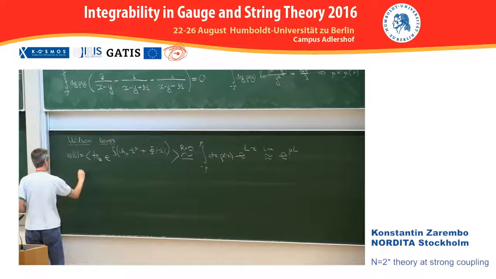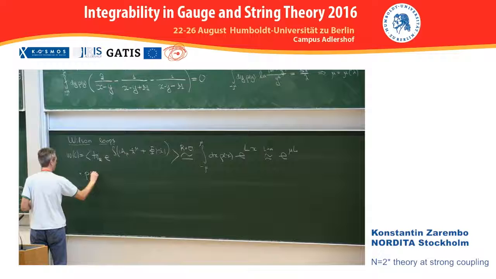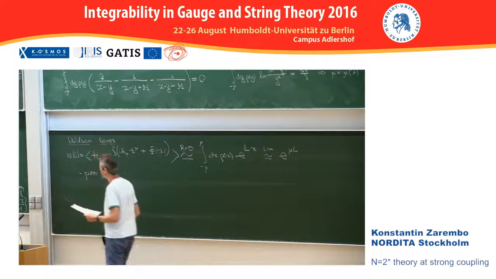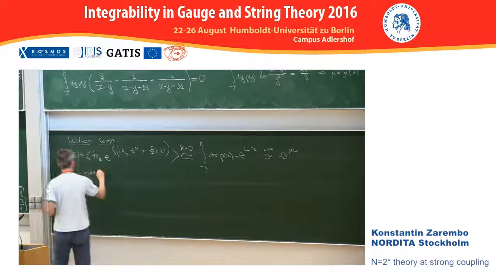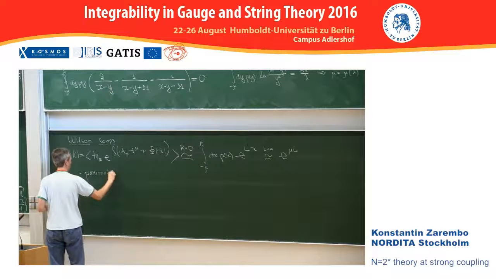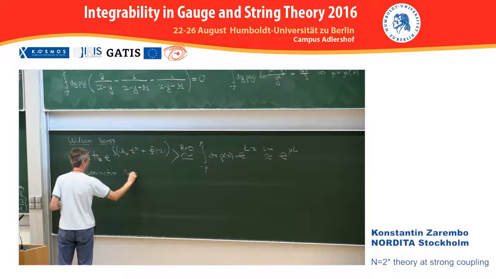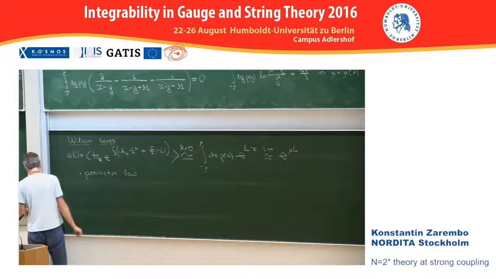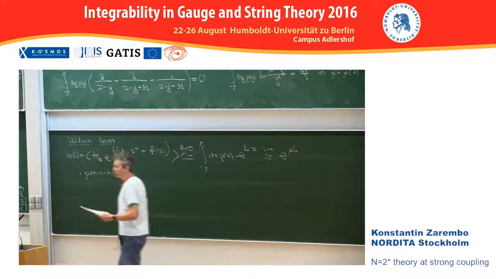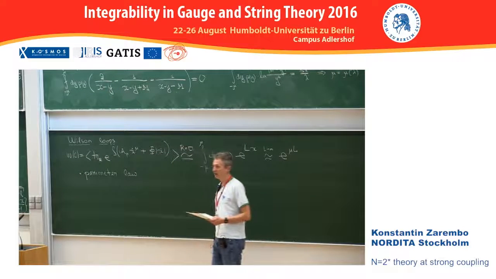So we conclude that Wilson loops in N=2* theory satisfy the perimeter law, and with calculable coefficient, which I will call an effective string tension.